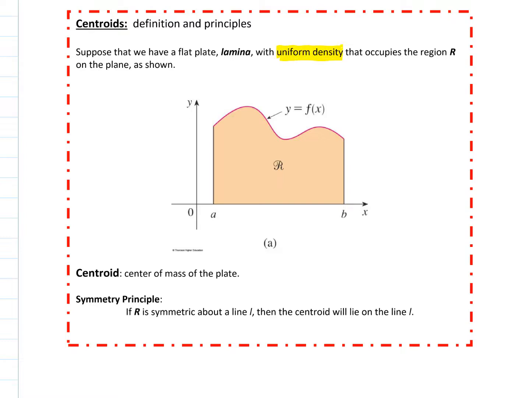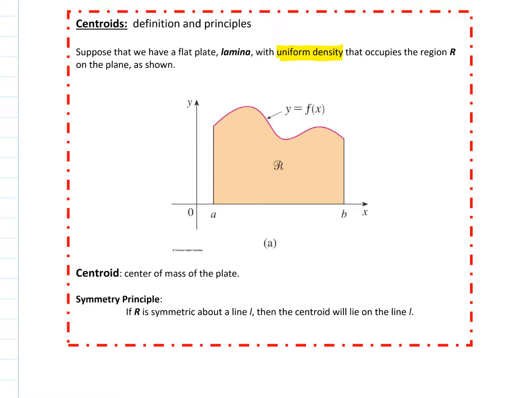We can get into varying density of plates, but that comes in multidimensional calculus, so you can revisit this topic then. But for now, we'll consider that we have a uniform density. So the density does not change throughout this plate, this lamina. It's a flat plate, and it is infinitely thin. That's also something we're going to consider. So it's got uniform density and it's infinitely thin.